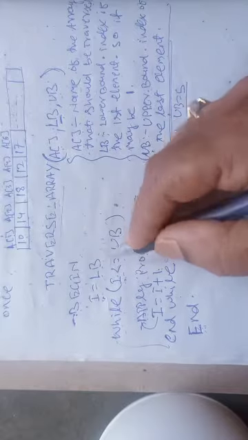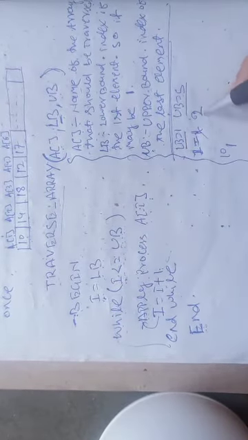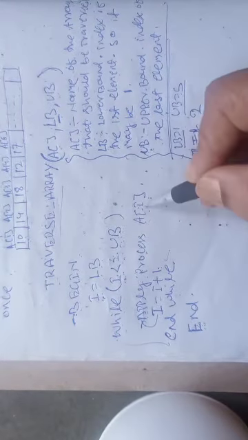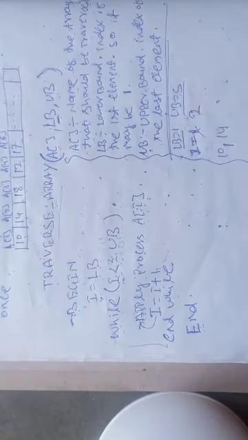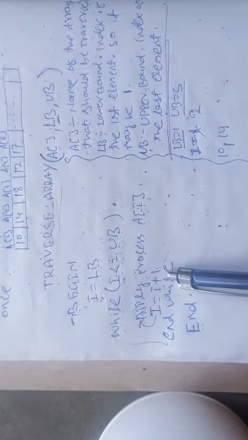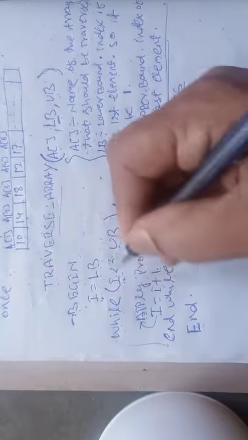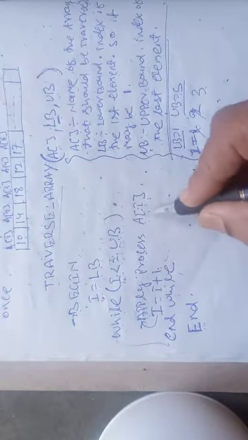Back to the condition part: 2 is less than or equal to upper bound, which is 5. Again it is true, so move inside. Apply process to A2, which is the next element, 14. 14 is being processed. Then I is incremented, and it becomes 3. The loop continues: 3 is less than or equal to 5, so move inside and apply process A3.